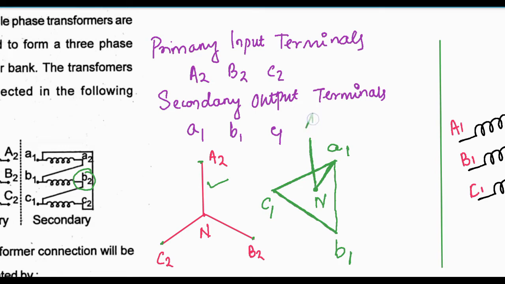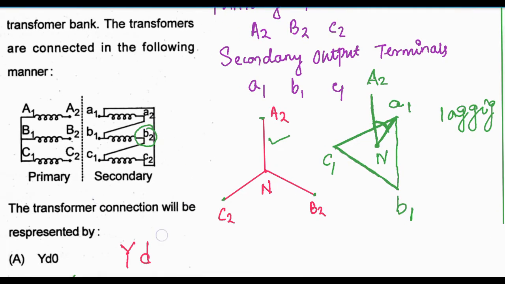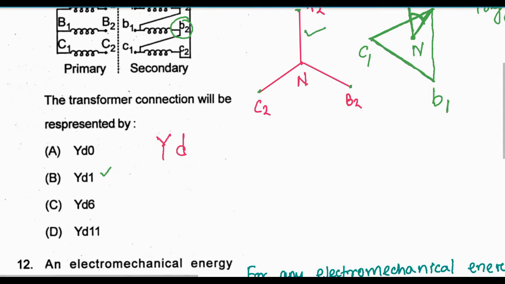This one is suppose A2, capital A2, and this is lagging. This is lagging, and this is always 1 o'clock.